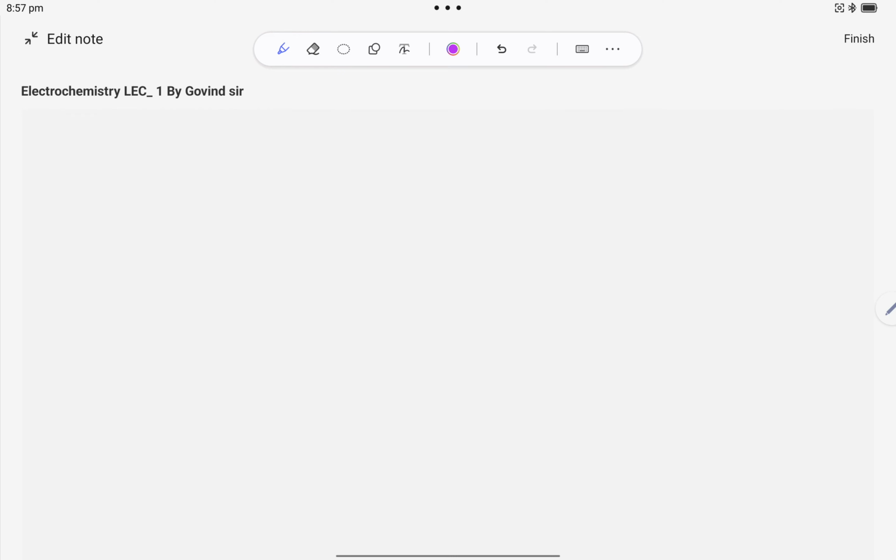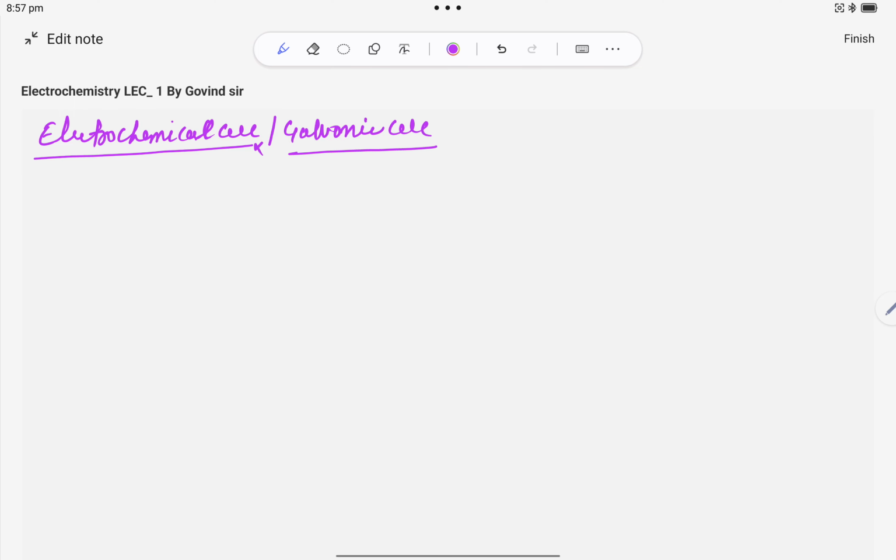Electrochemical cell, or you can say galvanic cell or voltaic cell. Spelling you can manage.